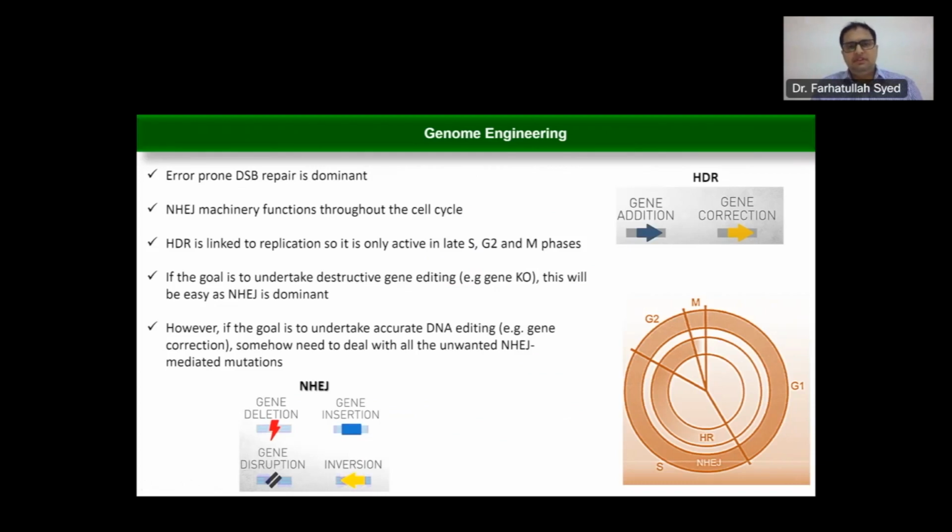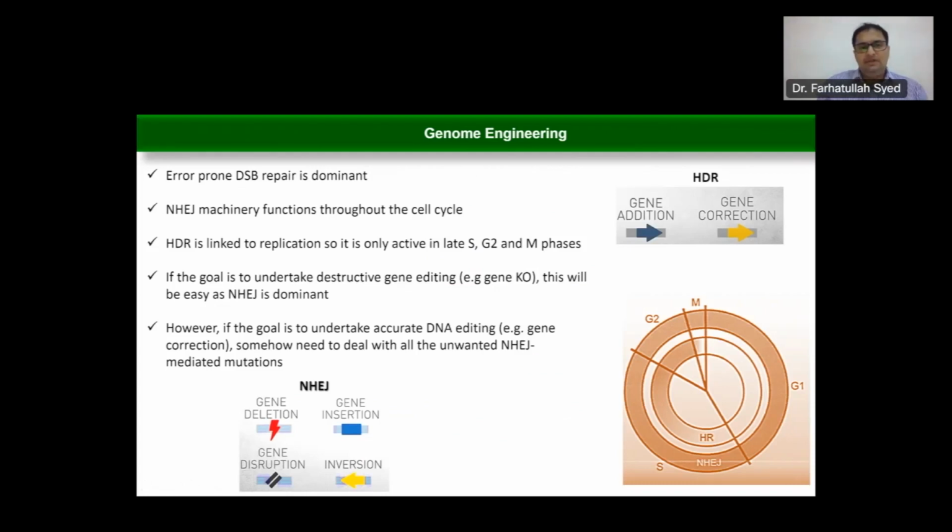most of the genome editing technologies are error prone because DNA double-stranded break repair is dominant, and the non-homologous end joining machinery functions throughout the cell cycle. But homology-directed repair is linked to replication, so it's only active in late S phase or G2 or M phases.